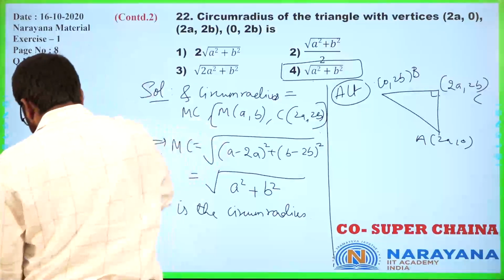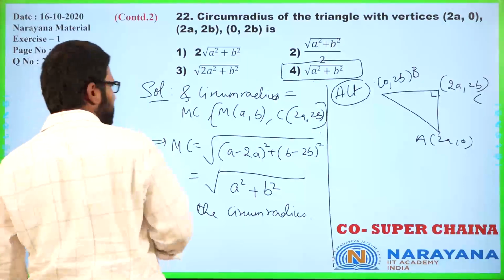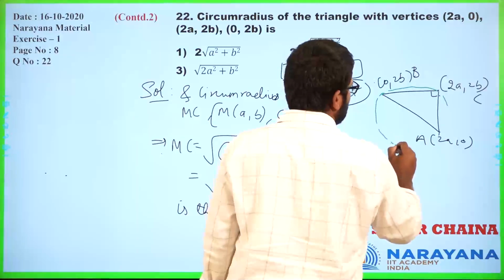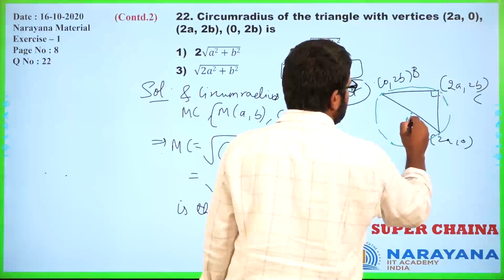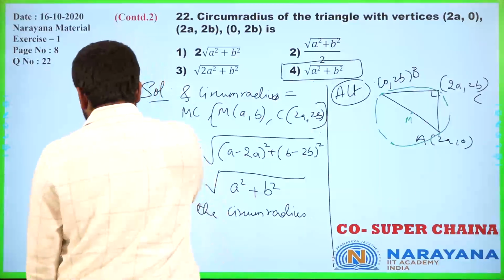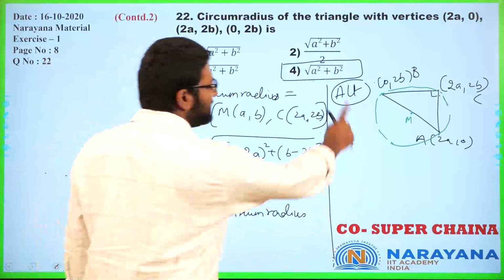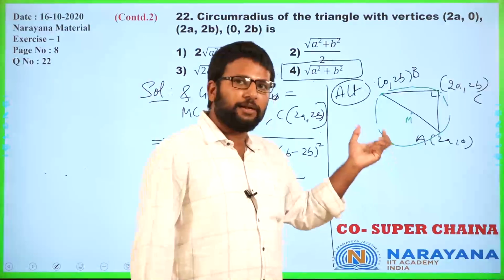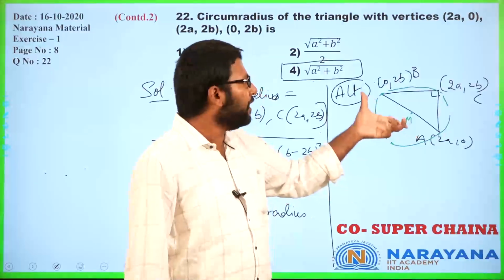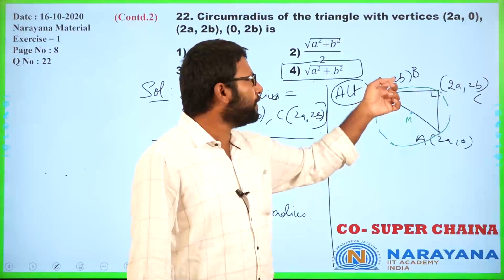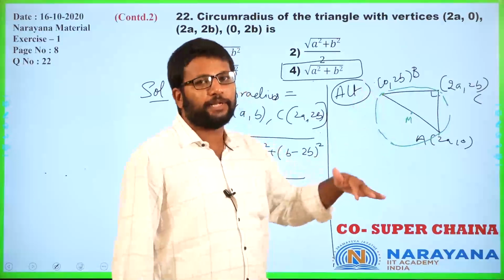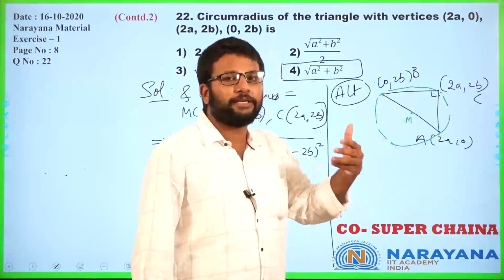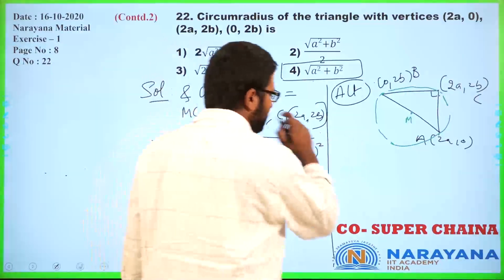We know that using AB as a diameter, we can draw a circle that must pass through C. So the circumradius must be exactly half the diameter. What is the length of the diameter? The square root of (2a) the whole square plus (2b) the whole square. Take half of that; that is also the circumradius.